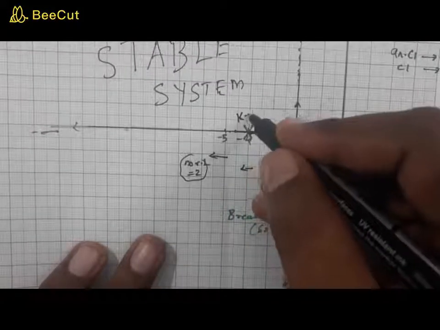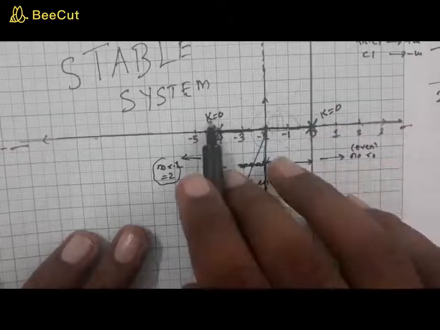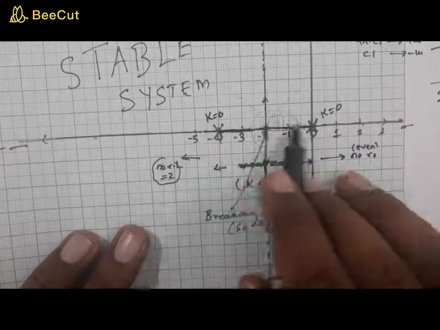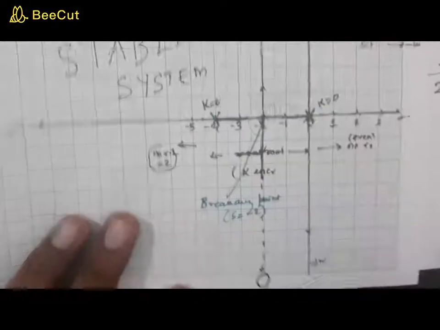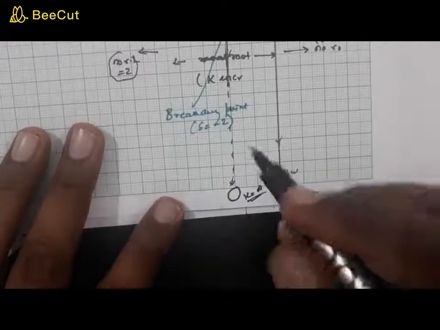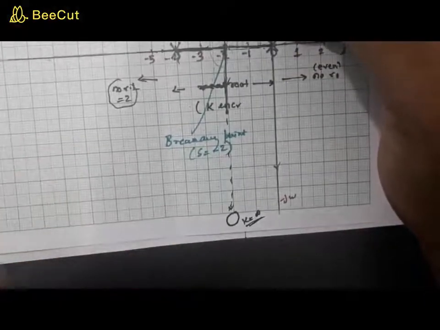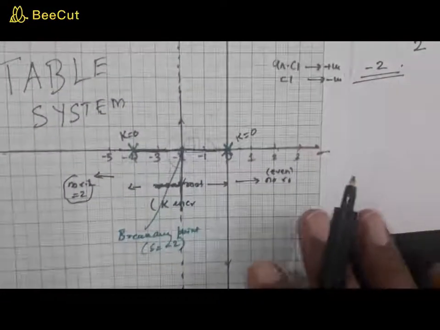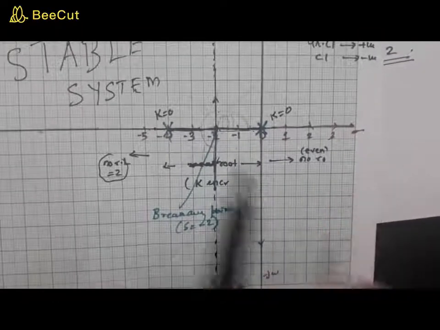These are the two starting points, where k is equal to 0. As k increases, these two go, and at infinity, k is equal to infinity. When k reaches infinity, the locus reaches infinity but on the left half of the s-plane, ensuring that the system is always a stable system.